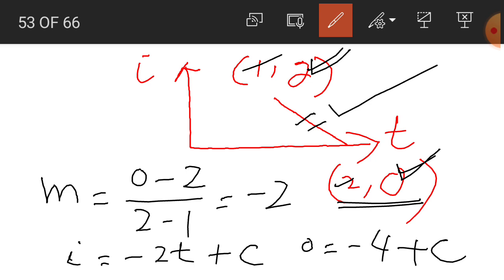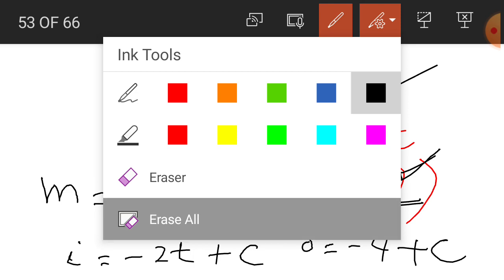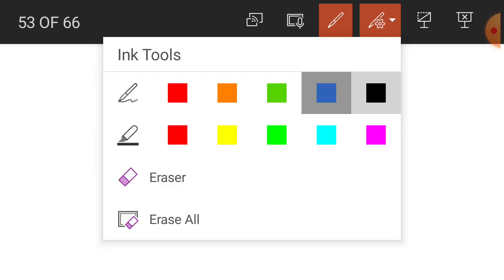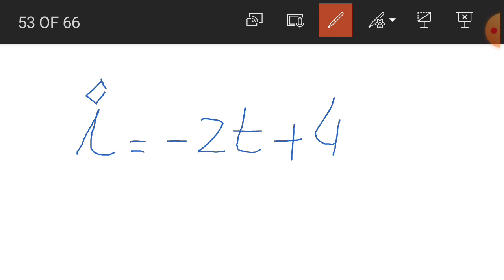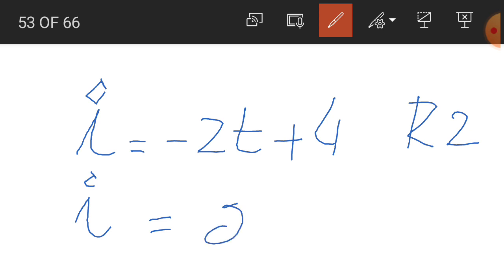You can put any point of the line in this particular equation and find out this y-intercept c. So the equation for this line in region number 2 is minus 2t plus 4. This is the instantaneous equation for the line in region number 2, and this is the instantaneous equation for the line in region number 1.